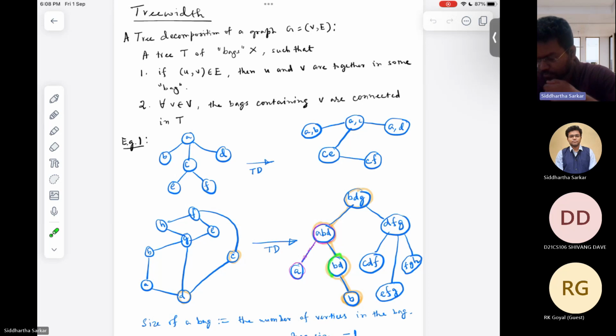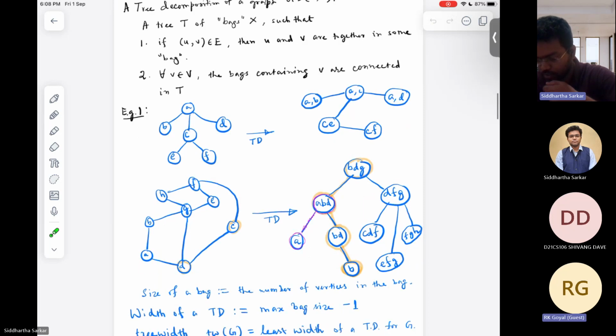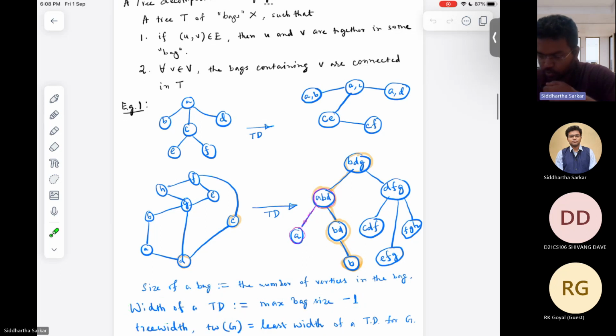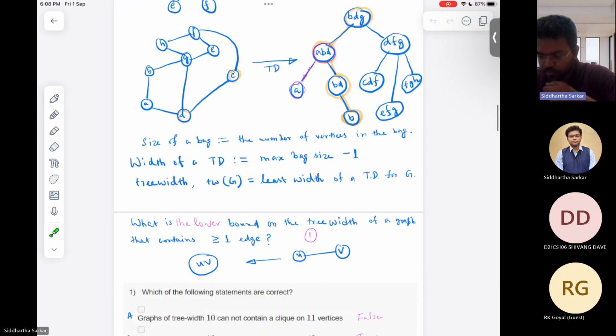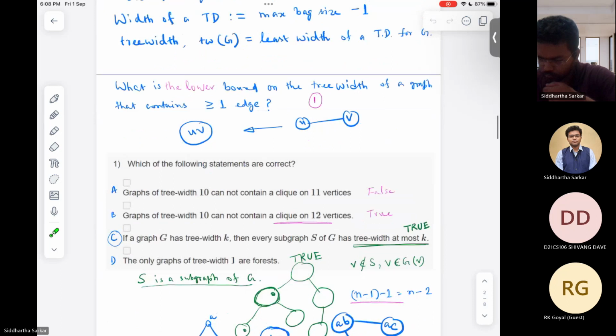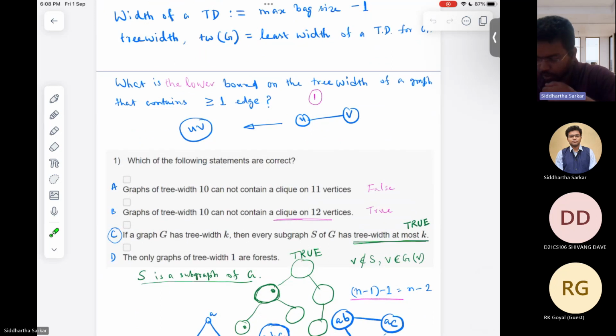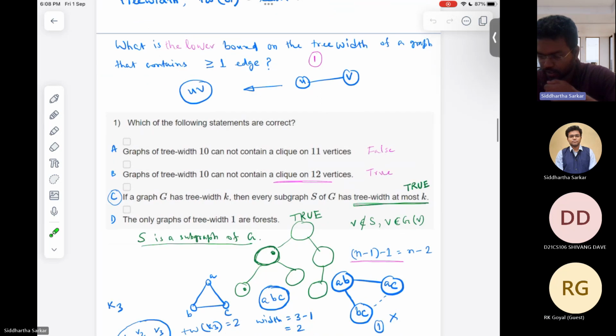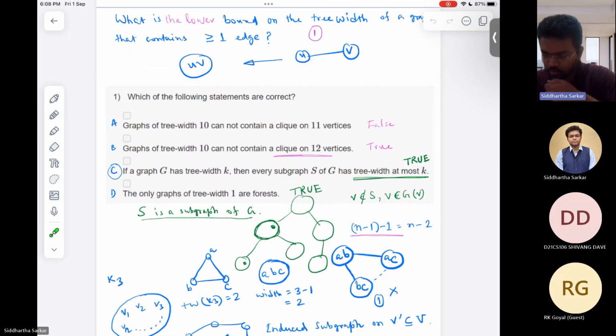So we said that the size of the largest bag minus 1 is the tree width of a decomposition. And then we tried to see what is the tree width of different kinds of graphs, and there were multiple statements for which we decided the correctness or falseness.